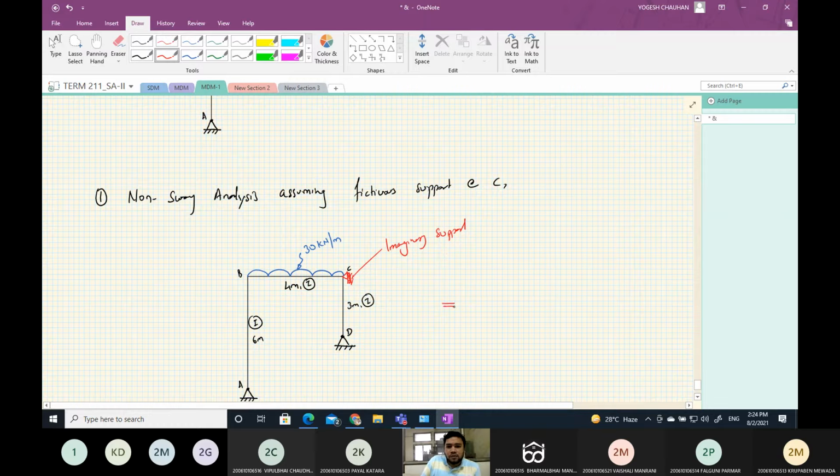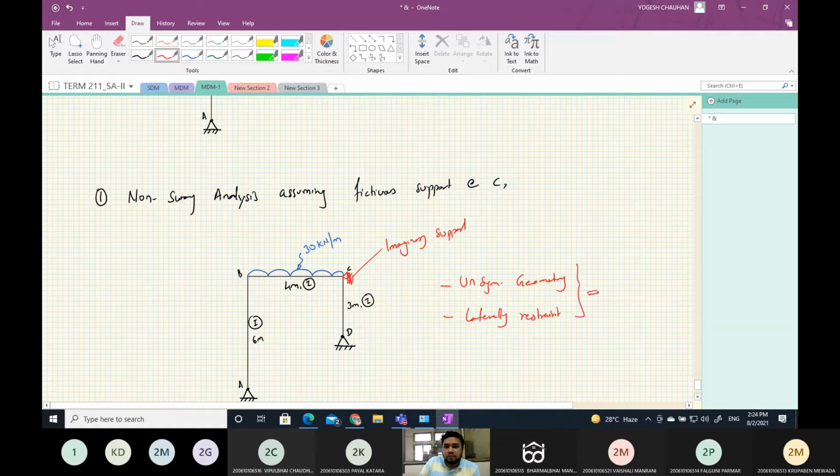So now this frame, though it is unsymmetric geometry, is laterally restrained, means it is prevented from sway.